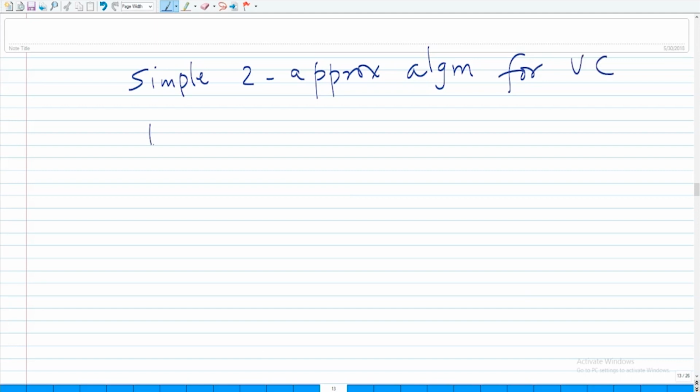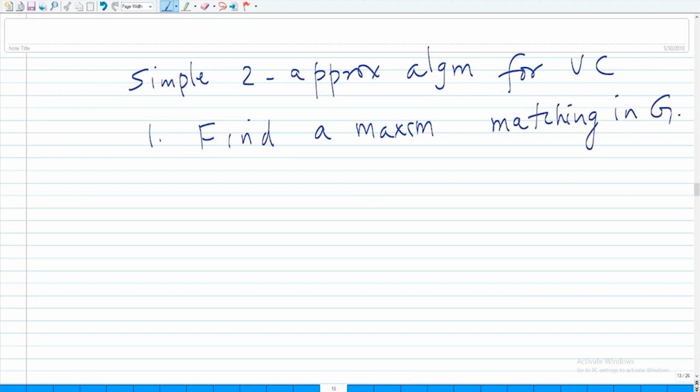So, here is my algorithm. Find a maximum matching in the graph. It is a bipartite graph, we know how to find maximum matching using flows, but even on general graphs you can find maximum matching. There is a more complicated algorithm, but in polynomial time you can find a maximum matching. Okay.